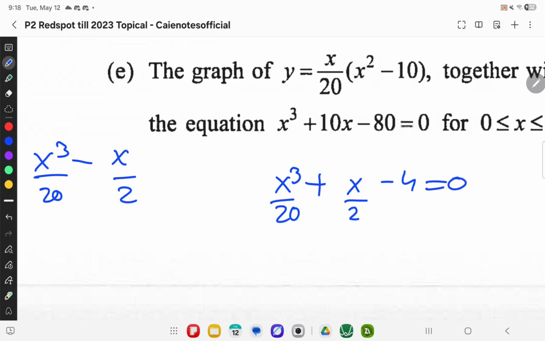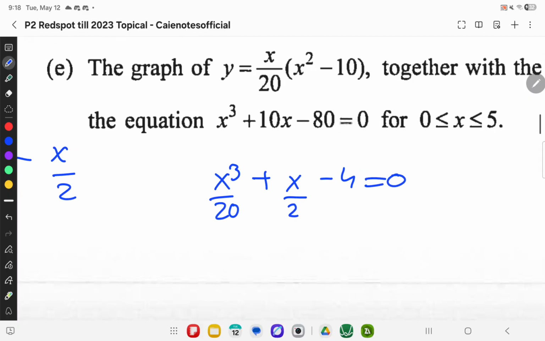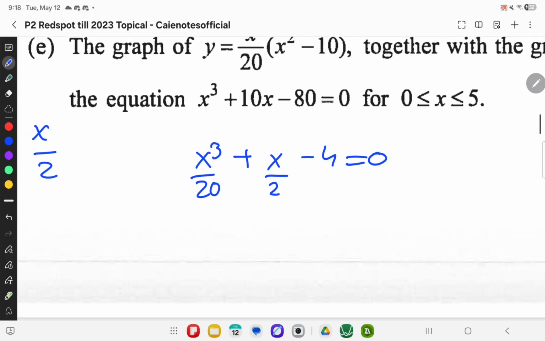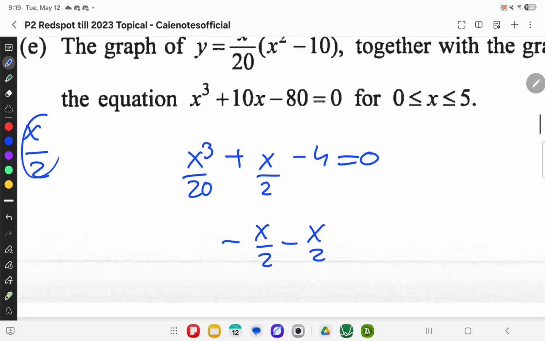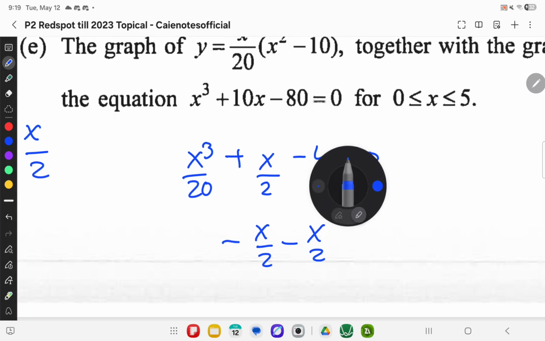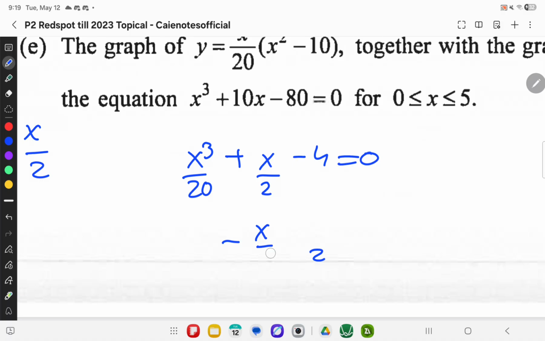Next, the second term. We need this to be negative. This is positive. We do not want this negative. So we add negative x over 2 to cancel it out, and x over 2 on both sides again to make the x over 2 remain. So we basically subtract x on both sides.